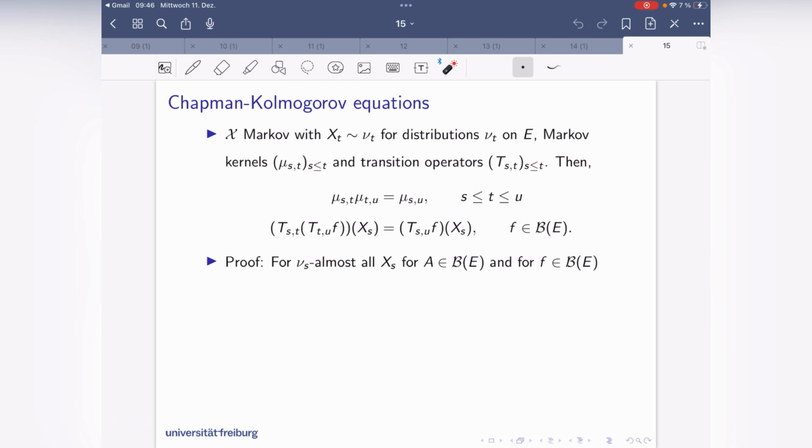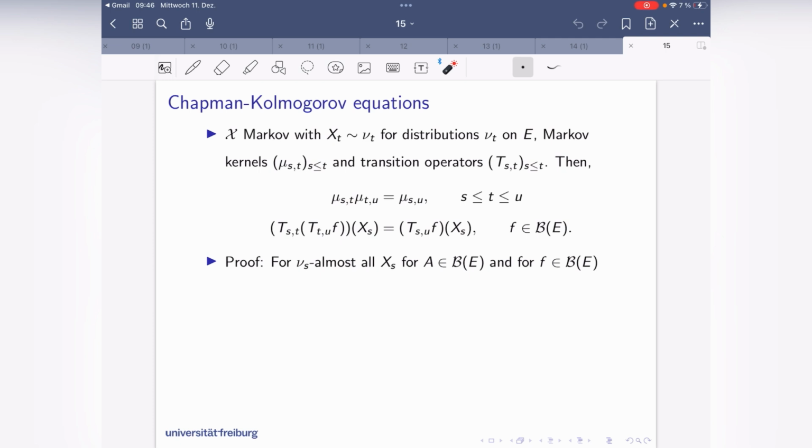And when you do this in the Markov setting, so you go between times s to somewhere at time t, and from the somewhere to some set using the Markov kernel μ_tu, that is the same as to go from s to u immediately without stopping at t. So this here is an equation which should hold for Markov processes.